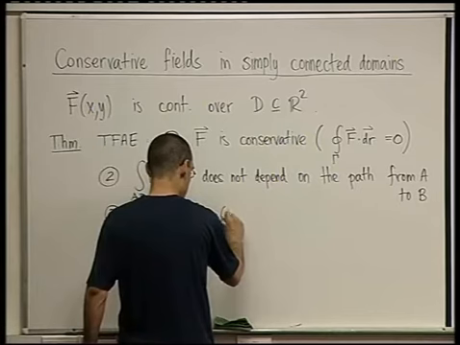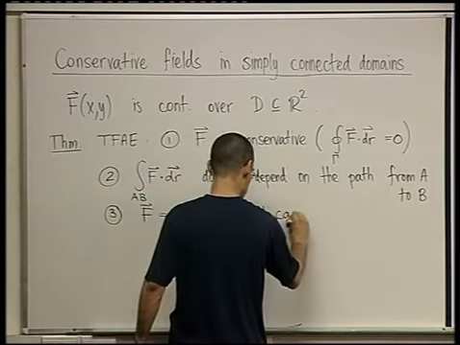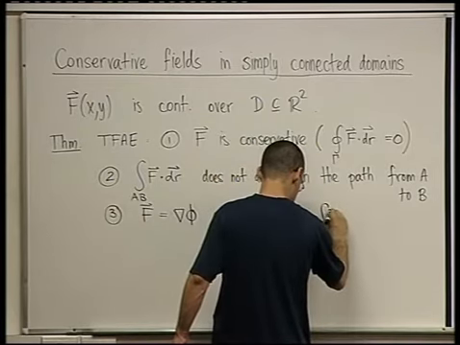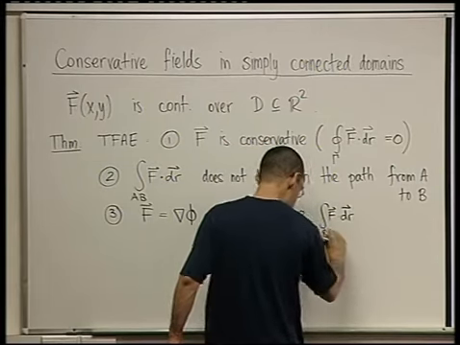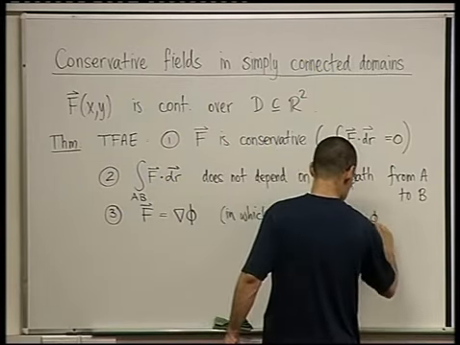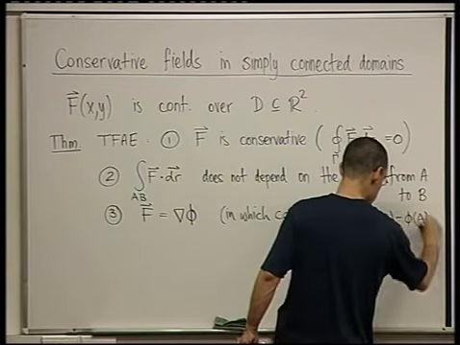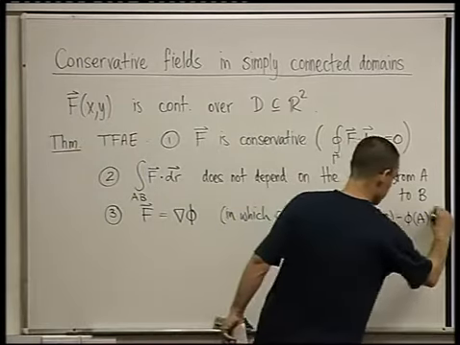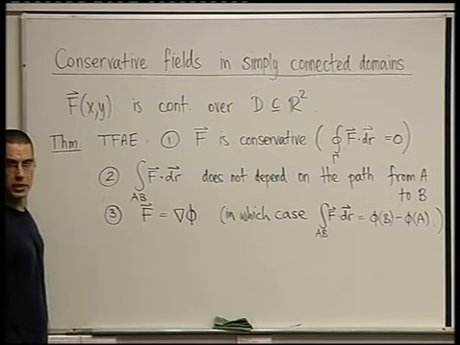And let me add, in which case, we proved this, the integral of F over any path AB is none other than the difference in the potentials between the endpoints of the path. Okay, so everybody remember these equivalent properties?